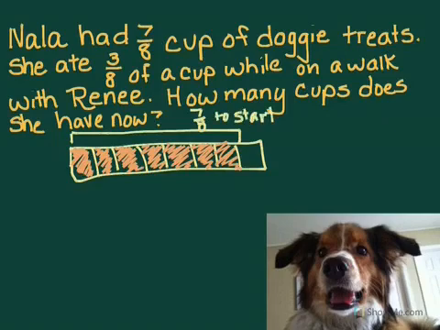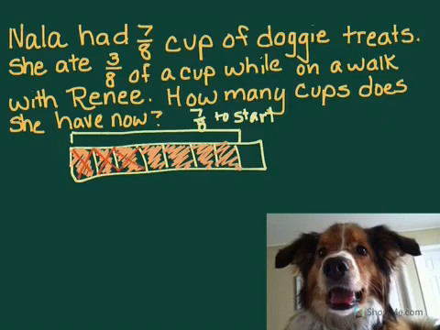Okay, but then, of course, Nala just pigging out, 3/8 of a cup. So I'm going to take an X and X out the 3/8 that she ate. 1, 2, and 3.